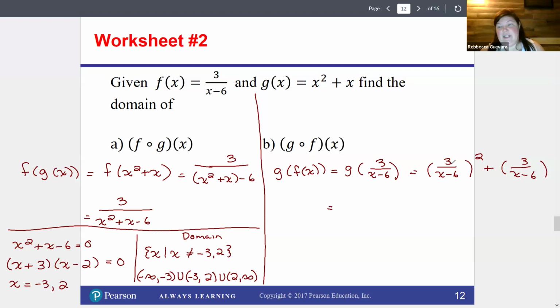This square distributes to the top and bottom, so we end up with 9 on top and x minus 6 squared on the bottom.